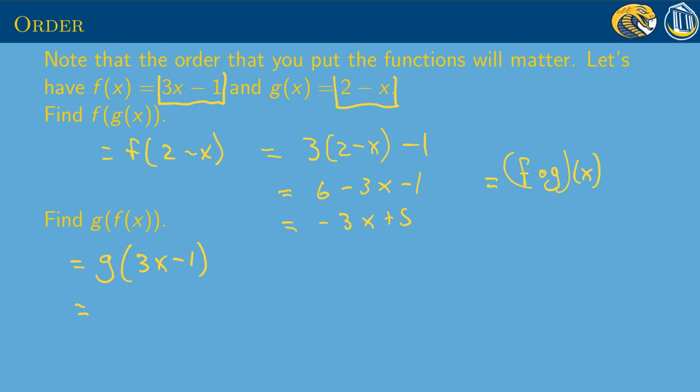It takes our input x and then subtracts it from 2. So we have 2 minus whatever our input value is. In this case, our input value is 3x minus 1. So we're going to write 2 minus (3x minus 1). This gives us 2 minus 3x plus 1, or equivalently, negative 3x plus 3.